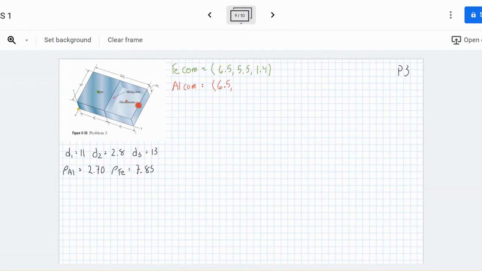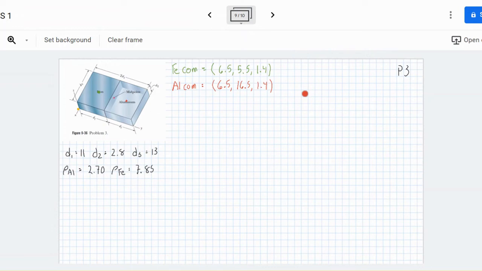So if the total is 22 and half is 11, I think it's 11 plus half of 11, which is 11 plus 5.5, is that 16.5? So this is going to be 16.5, and in the up and down direction, in the z direction, it's still symmetry, 1.4.